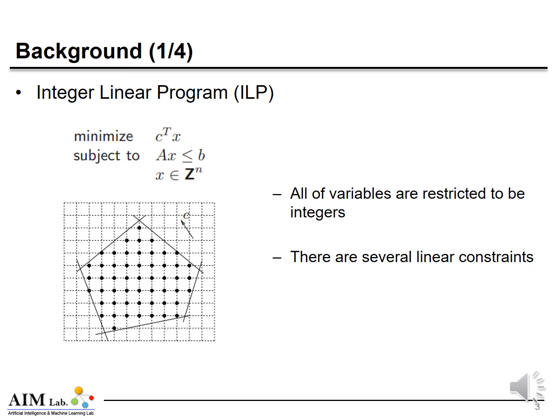In this situation, we want to find our objective. For example, in this figure, we want to find the x that minimizes c transpose x, and there are several linear constraints. This is ILP, and this paper used ILP for convenience of analysis of structure.